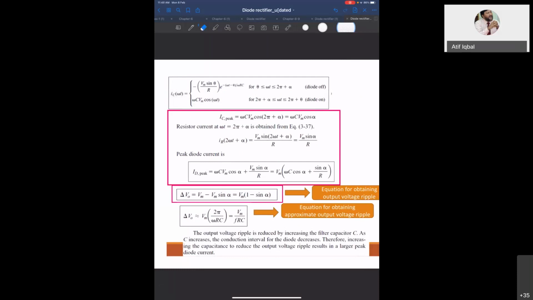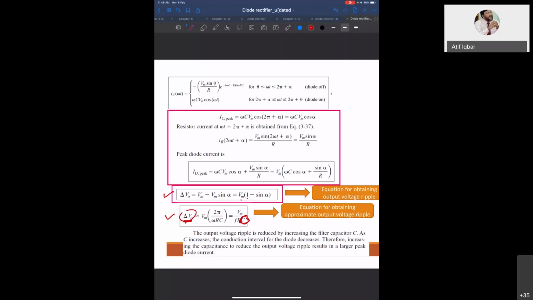And the main important equation here is this: the voltage ripple, which is the maximum minus minimum voltage, which is Vm (1 minus sine alpha), and approximately this is equal to Vm over f RC. So you can find the value of capacitor for a given voltage ripple. This is the voltage ripple equation.